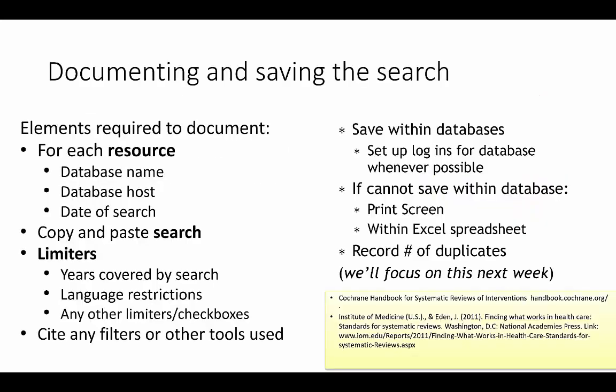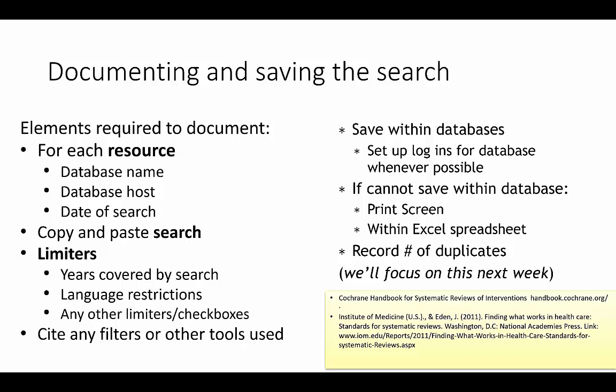When you're trying to document the search, especially here at the beginning, these are the important things to keep track of. I always like to save the search and give it the date, so that later on I can see the changes that we made and put in notations about why decisions were made, because sometimes it's hard to remember later on. It's really important, of course, to copy and paste it somewhere.